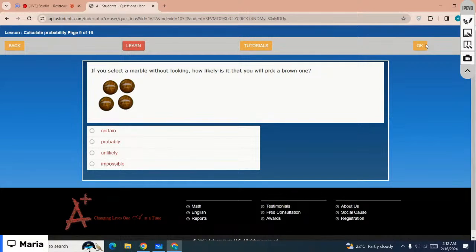It will certainly land on a brown one, right? Because all of them are brown. So whenever you pick, it will be brown. So certainly that will be a brown. Got it?